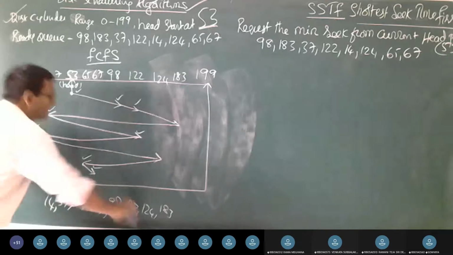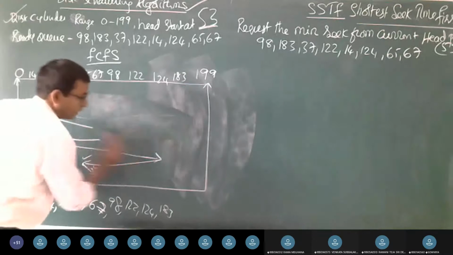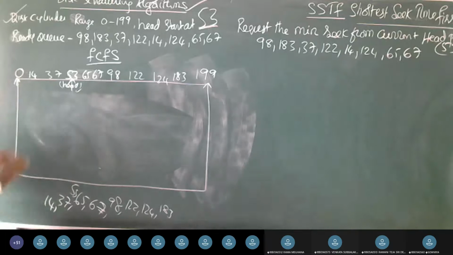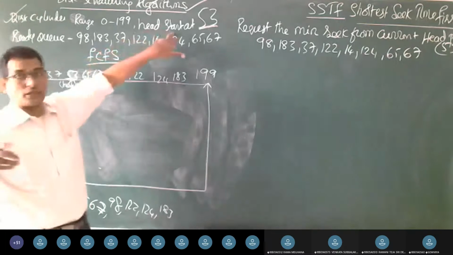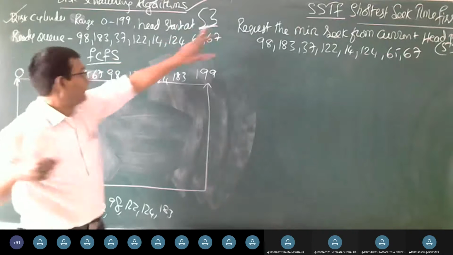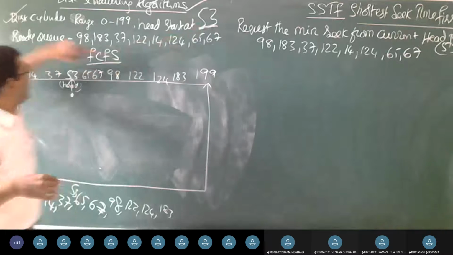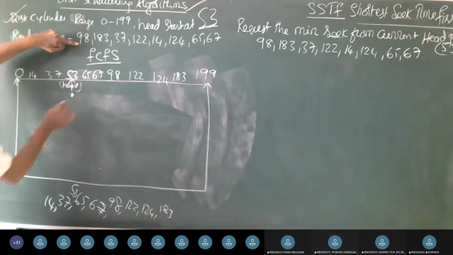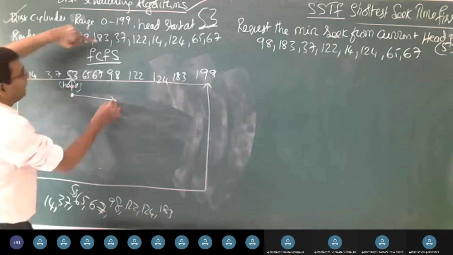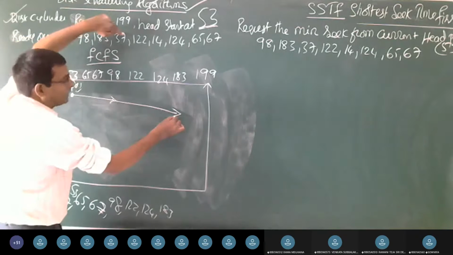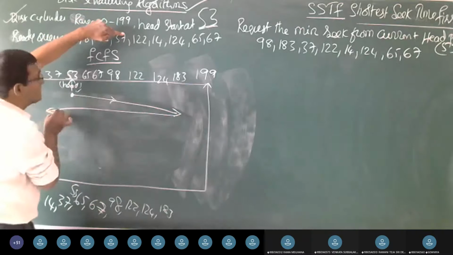So I will reiterate the chain again. Assume, what was the head position? 53. So the head arm was at 53. After 53, it has to go to 98. After 98, it has to move to 183. After 183, it has to go to 37.